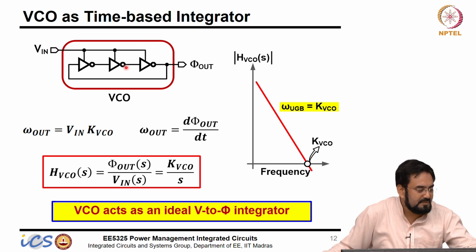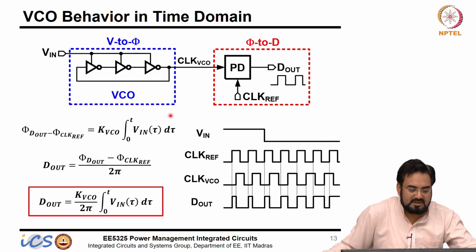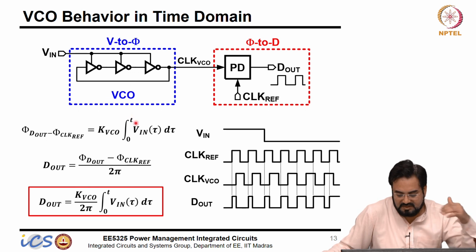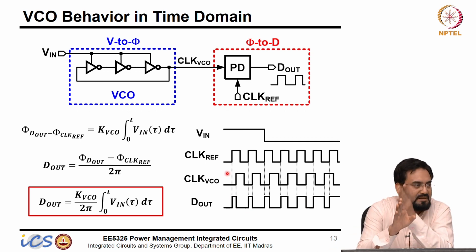And in the PID we require proportional, integral and derivative. So this is showing the time behavior, just to explain how it works. Let's say this is my step signal, the input is a step signal. When I give a step signal, the VCO clock frequency will change, and if I compare it with a fixed reference, then I will get an output that is more like a PWM, because cycle by cycle the phase is integrating.